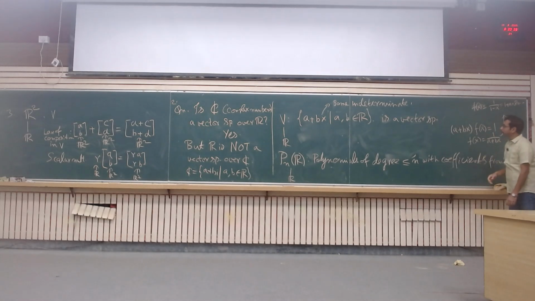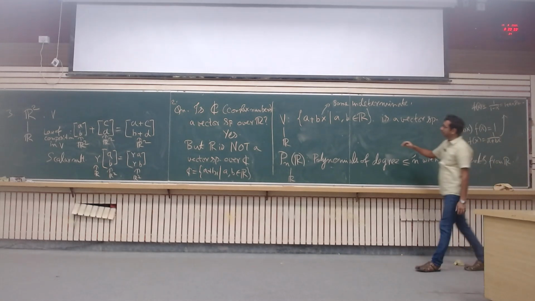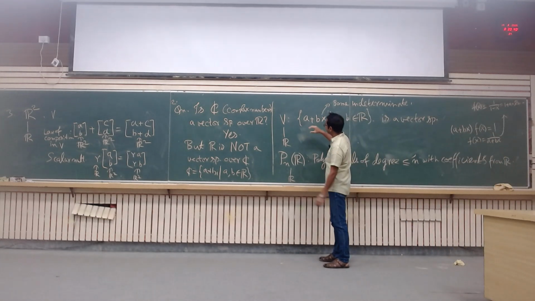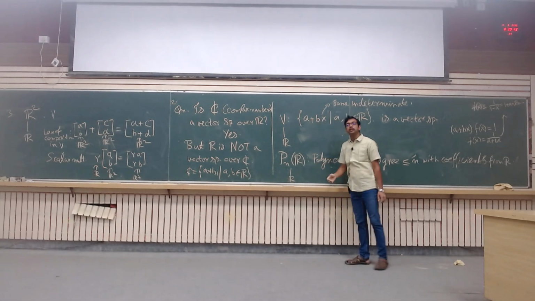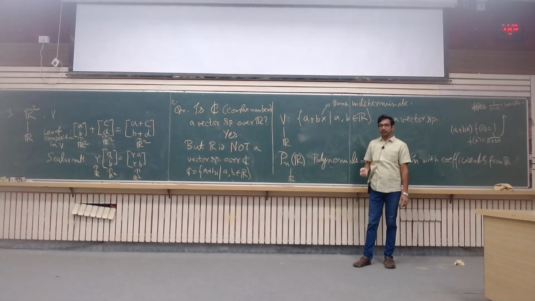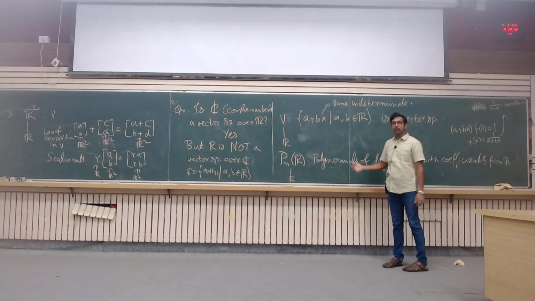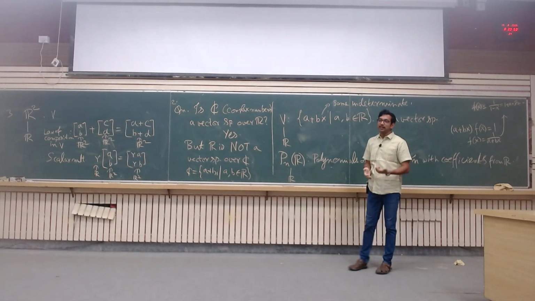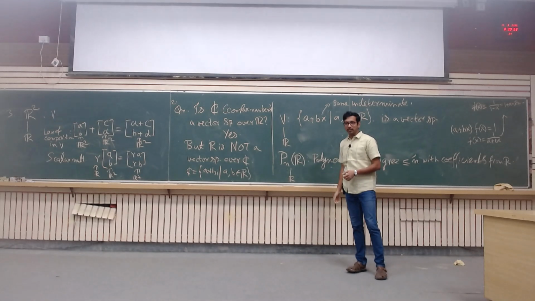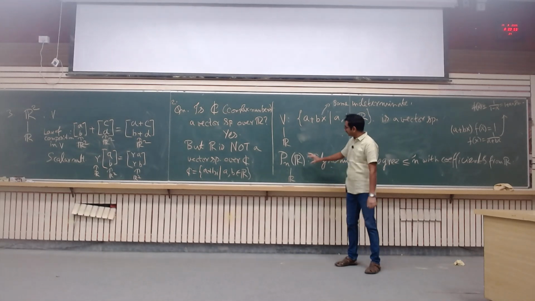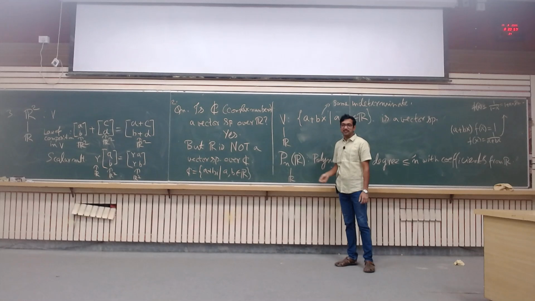So what I mean is that this is not a field in general, because the inverse may not exist. It's closed under multiplication, sure, it has identity, but the inverse is not there. So it's not a field, and therefore flipping the question doesn't make sense here.